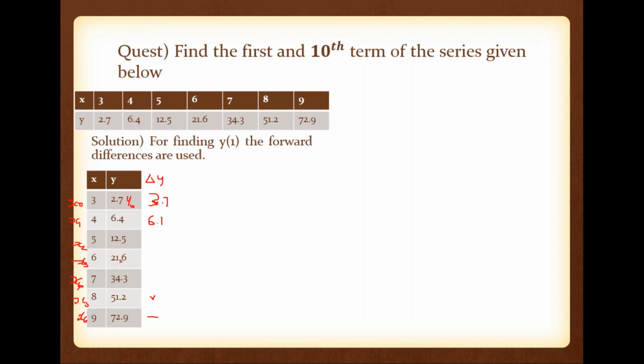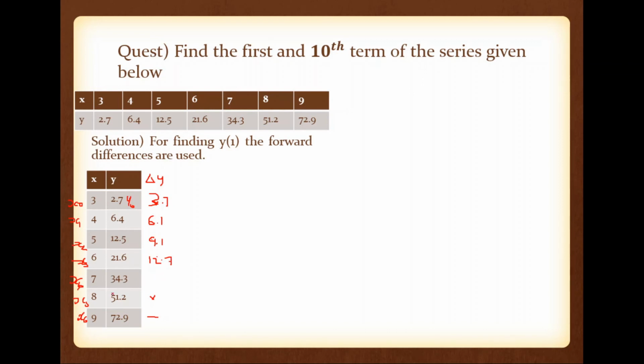What is the next one? This one is 21.6, next value minus 12.5. So this value is 9.1. What is the next one? 34.3 minus 21.6. So that is 12.7. What is this now?